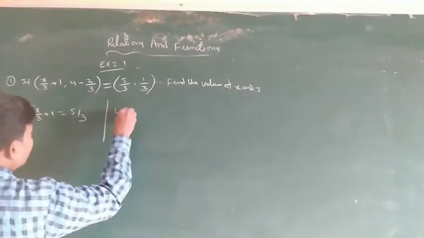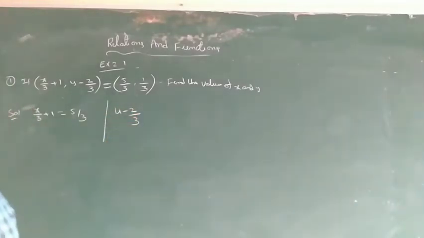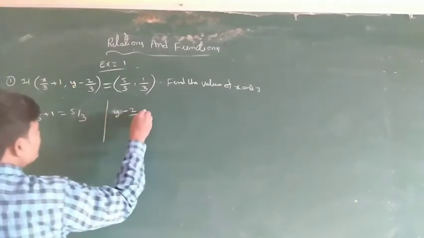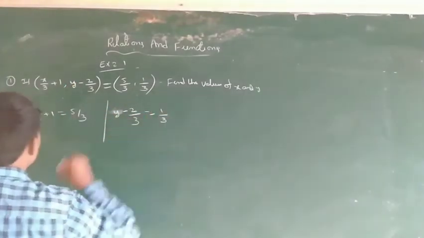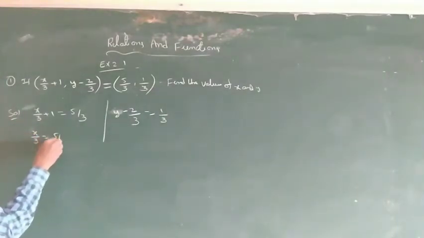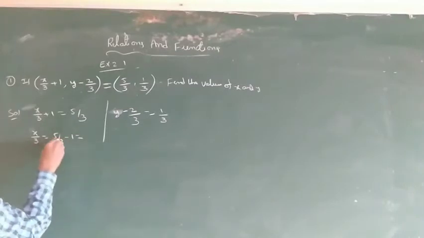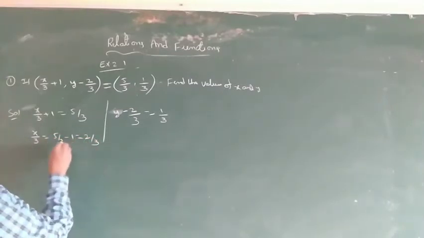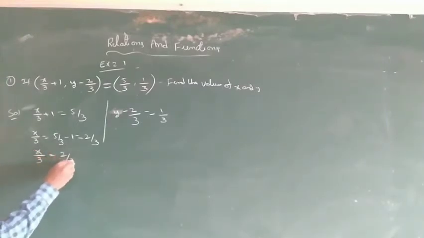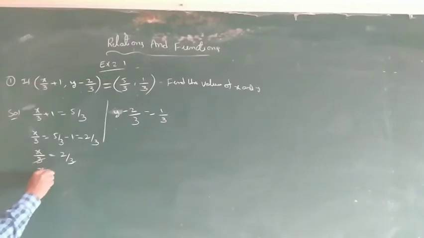And y - 2/3 is equal to 1/3. So x/3 is equal to 5/3 minus 1, which is 2/3. So x/3 is equal to 2/3, the 3s cancel, x is equal to 2.